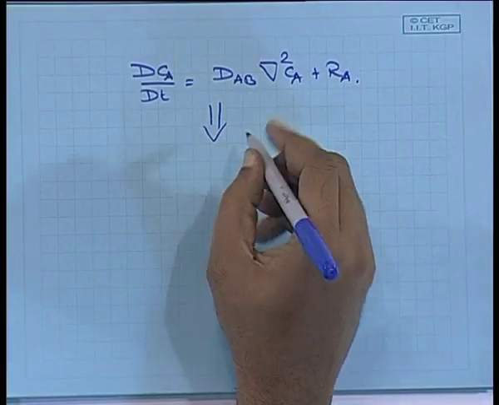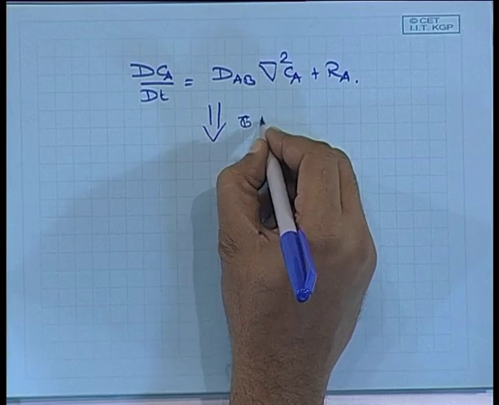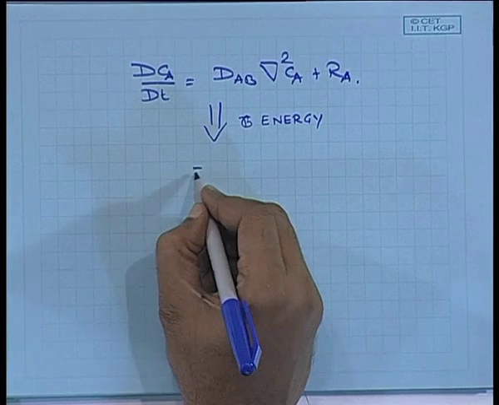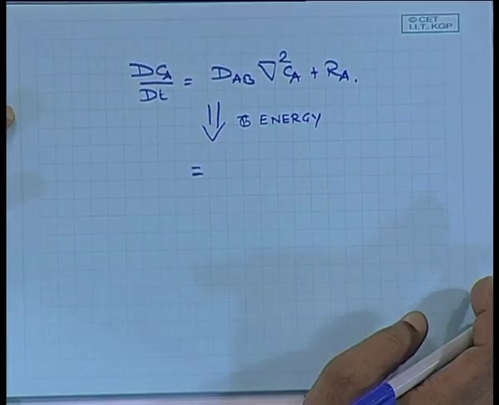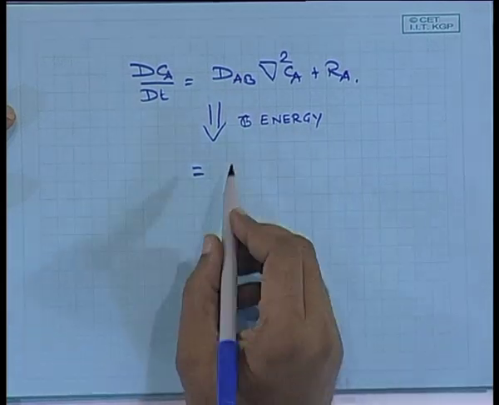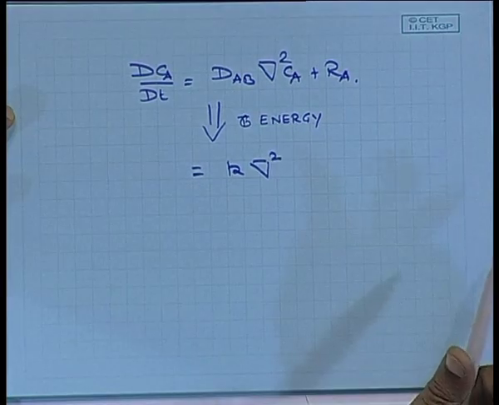Okay, let's try to convert this equation for temperature, I mean for heat, energy. What should DAB be replaced with? No, I am writing it for energy, K. What should CA be replaced with?